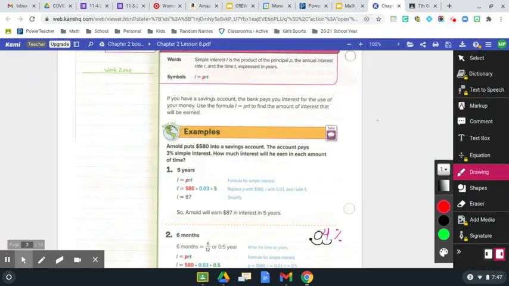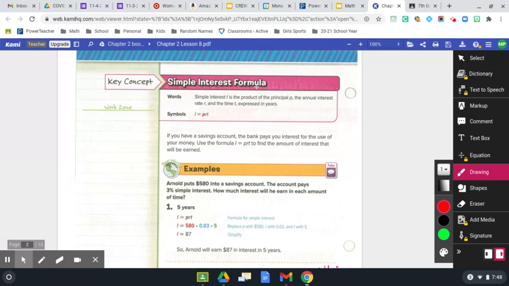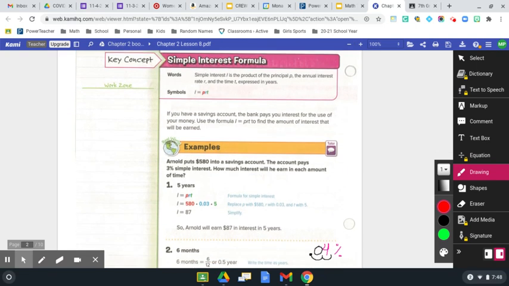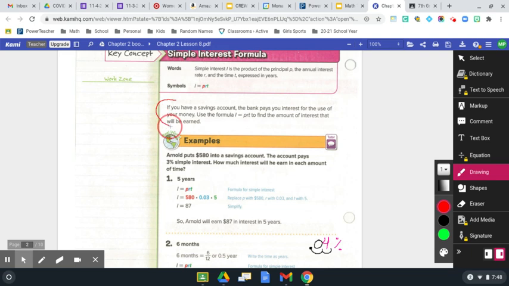All right, page 168. Let's talk about what we did for some examples yesterday with simple interest. We specifically yesterday spent time on just talking about interest in savings accounts. And so on page 168, right underneath where it says simple interest formula, you'll see, I'm going to just kind of outline it in red here, right here. This is what we reviewed.